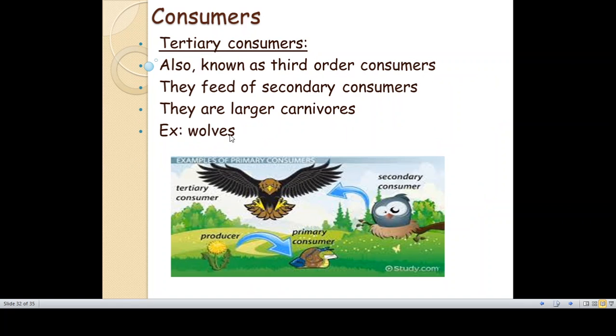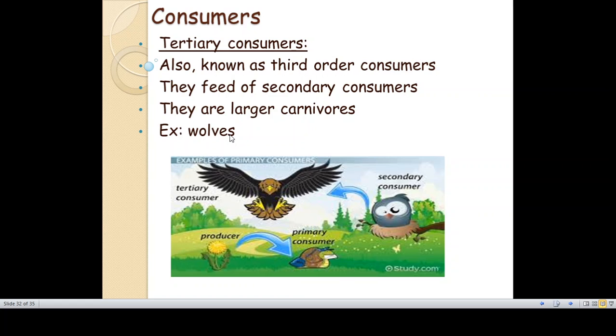Now in tertiary, these animals or birds depend completely on the primary carnivores or secondary consumers. For example, let's make it simple, birds like eagles or vultures completely feed themselves on the flesh of other animals.